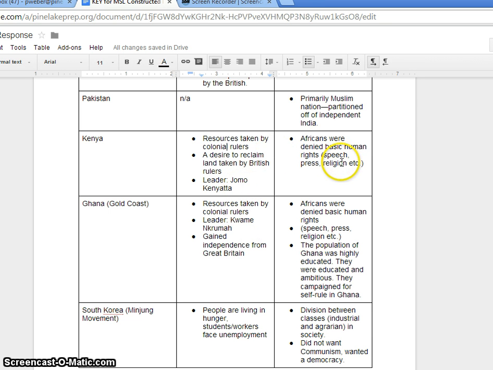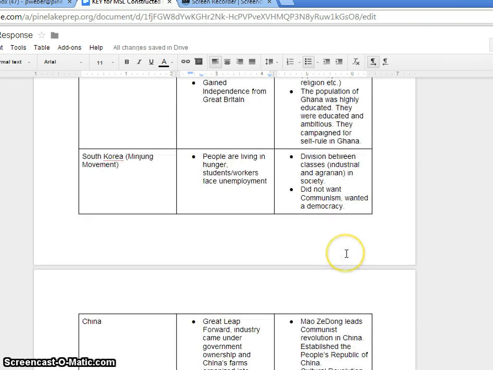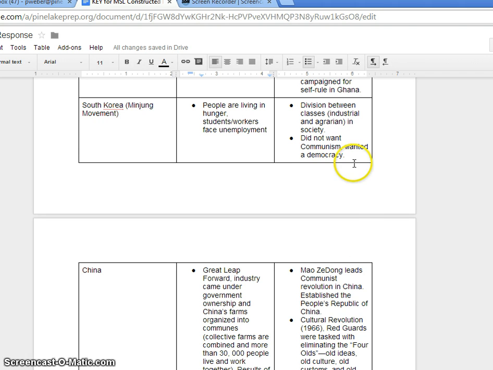And then next, what we see is other social things, denied basic rights. And then as they went and studied abroad in other countries, they learned about how Western freedoms weren't being carried out in their countries.